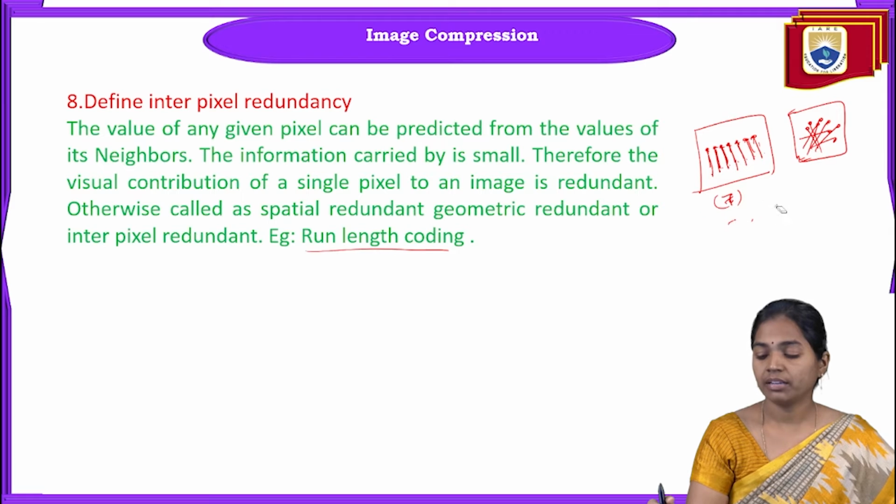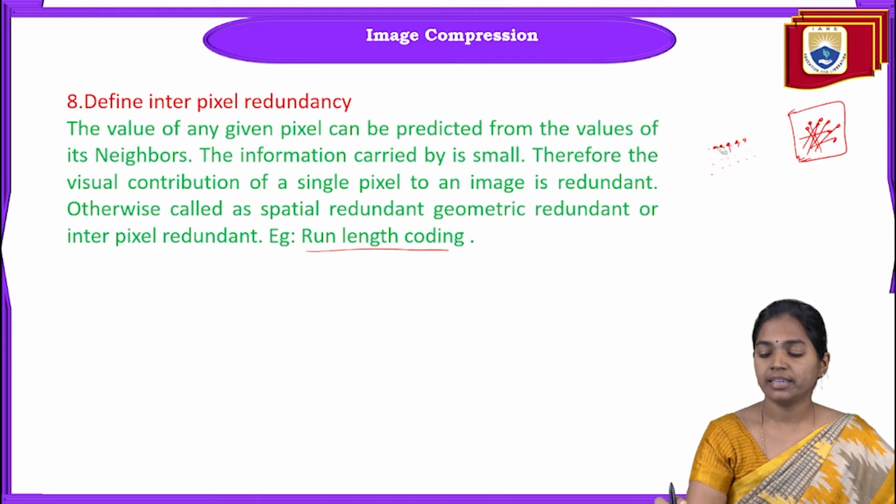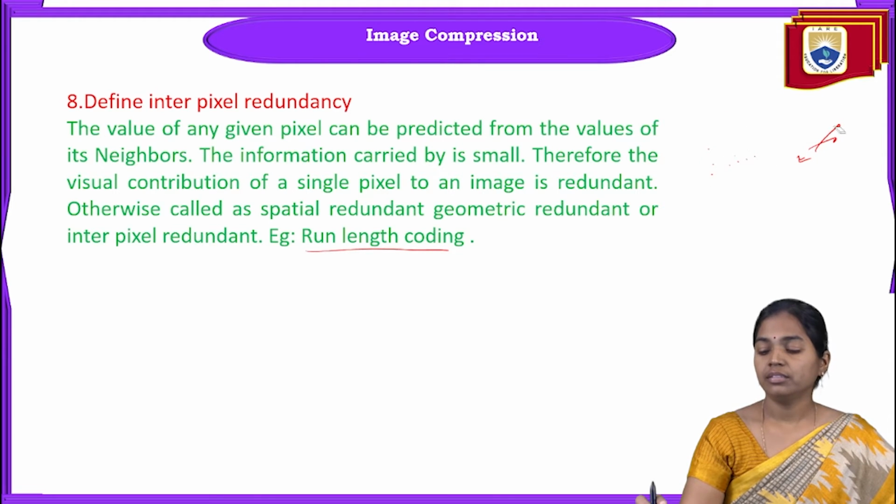For example, the gray level value here is 8. How many sticks are present here? 1, 2, 3, 4, 5, 6, 7. So 8 comma 7 only. With the gray level of 8, how many sticks are there? 7. So the example for interpixel redundancy here is run length coding.